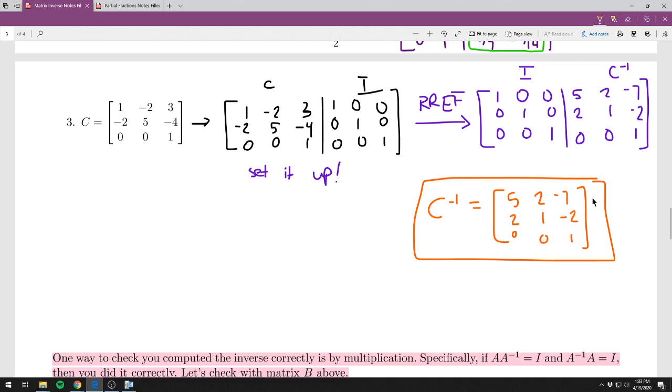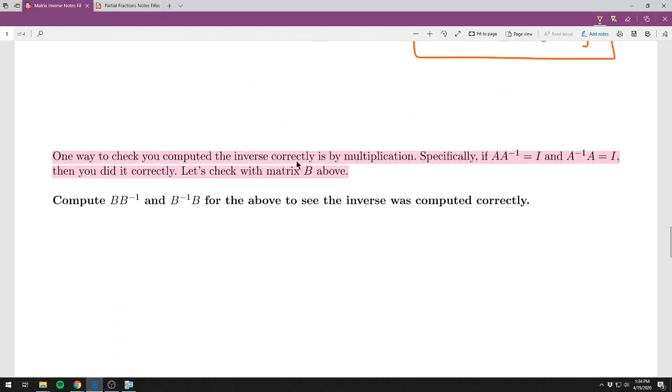Another thing we could do, as far as testing you on this topic, is maybe not saying compute this inverse, but ask the question: is this matrix the inverse of this other matrix? So we give you 2, and you tell us that. And the way you check is by multiplying.